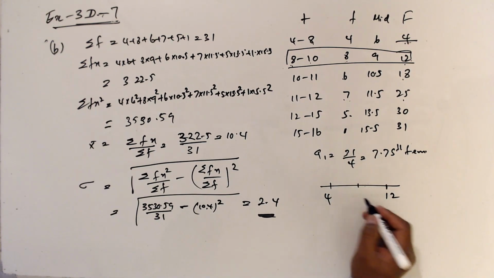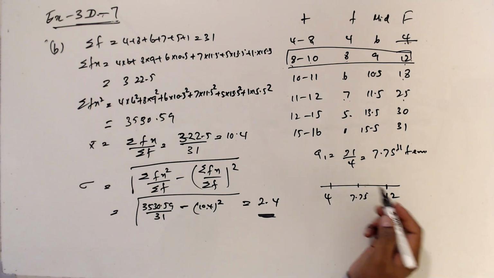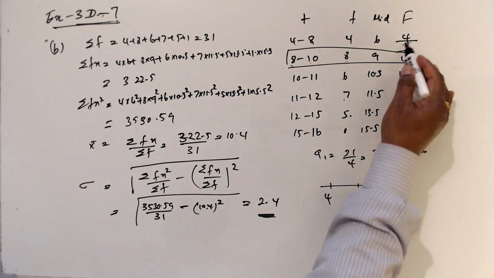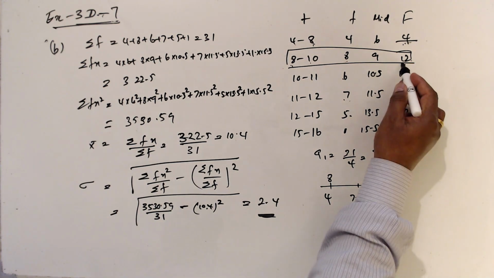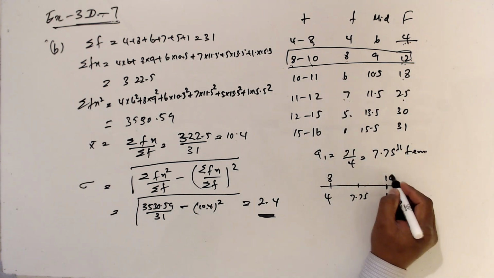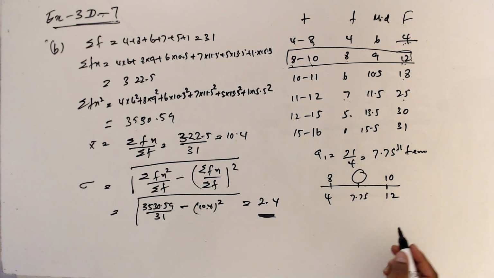So this is going to be the 7.75 we need. When it is 8, the cumulative frequency is 4, and when it is 10, it is going to be 12.